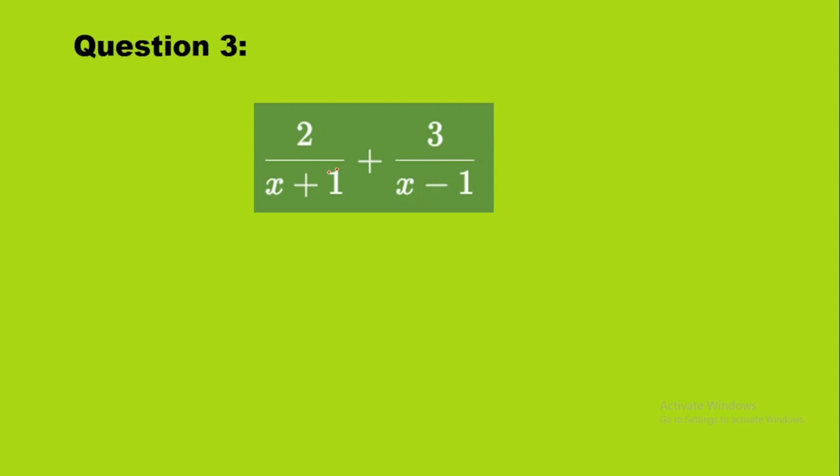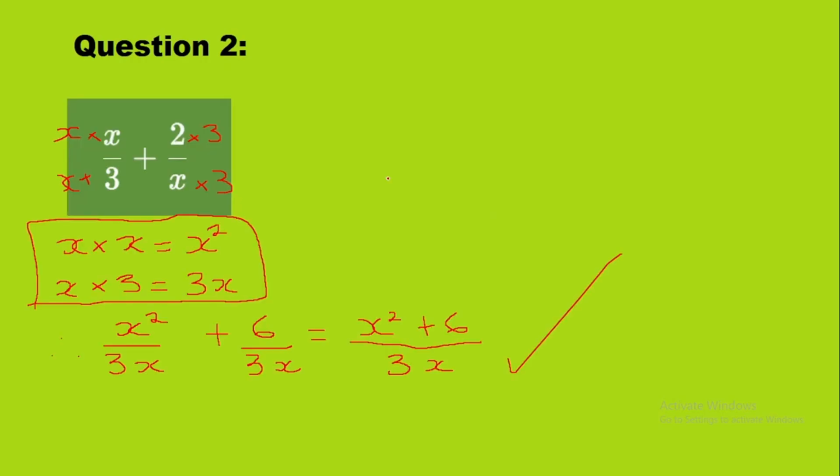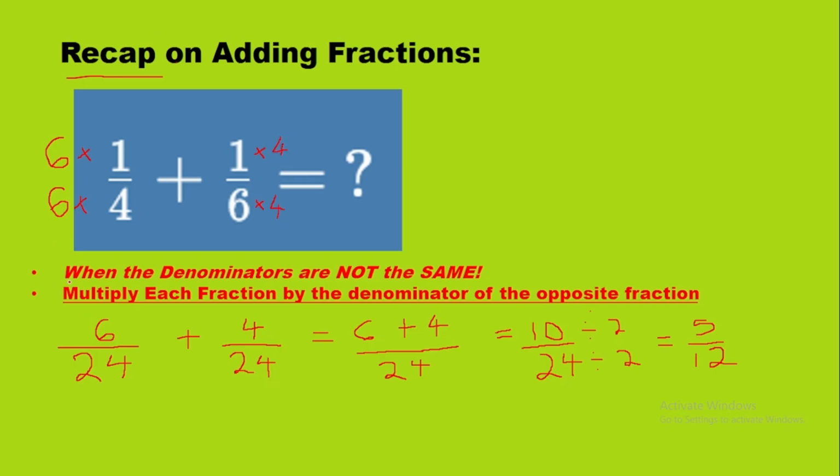When we are adding fractions where we have 2 terms in both denominators, we are going to apply the same concept as before, meaning that when the denominators are not the same, we multiply each fraction by the denominator of the opposite fraction.